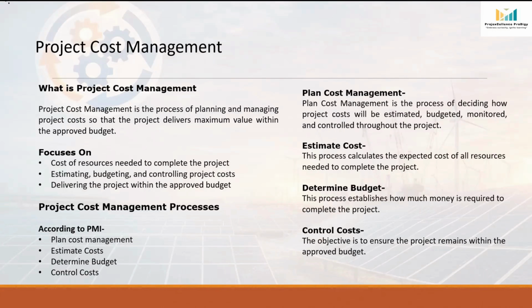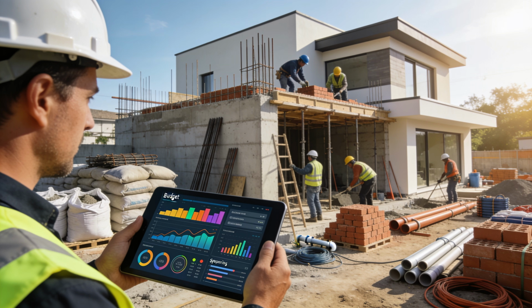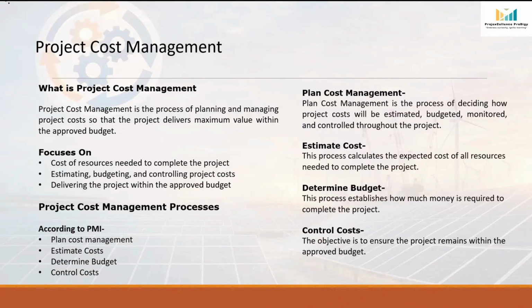Second, it focuses on estimating, budgeting, and controlling project cost. Once you know the resources required, you estimate the cost of each item and prepare the overall project budget. Let's say the total estimated cost of building the house comes to $300,000. This becomes your budget. During construction, you regularly monitor your spending and compare it with the planned budget to ensure costs remain under control.